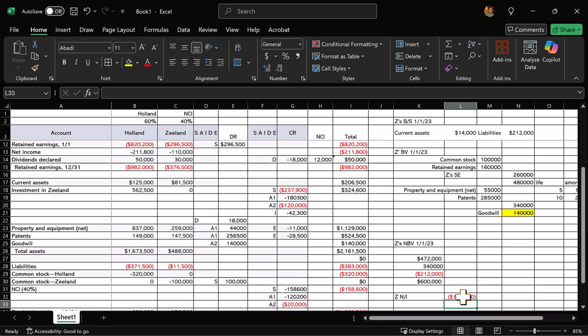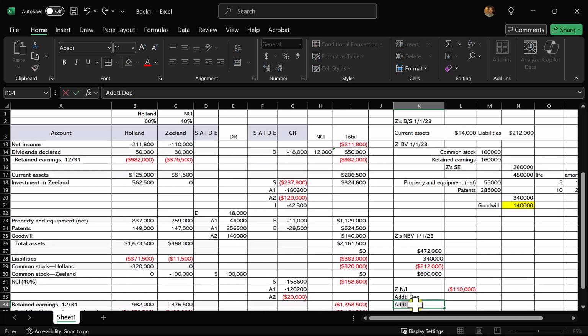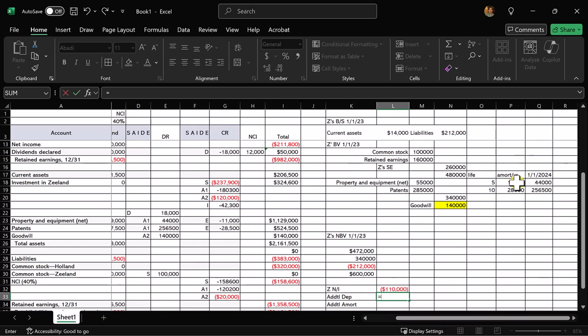But do you remember? We've got to adjust the depreciation and the amortization for the additional amounts we had calculated. So let's call that additional depreciation and additional amortization. So that's an expense, a debit, one year's worth.